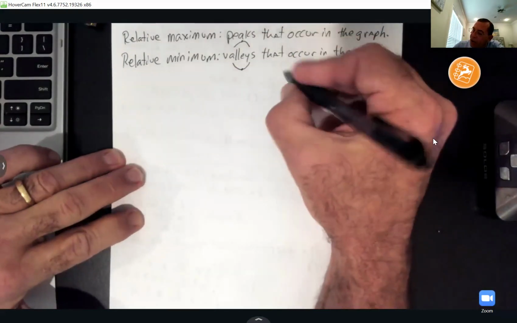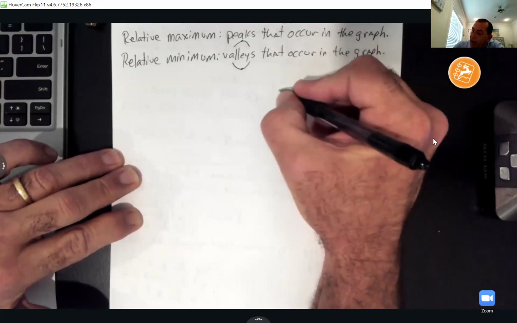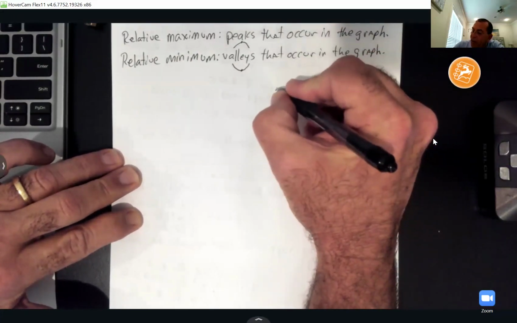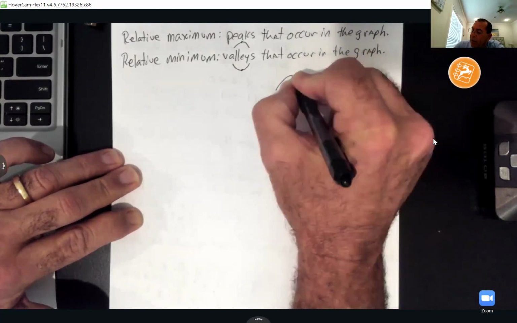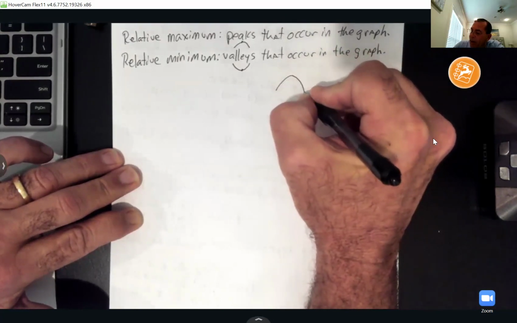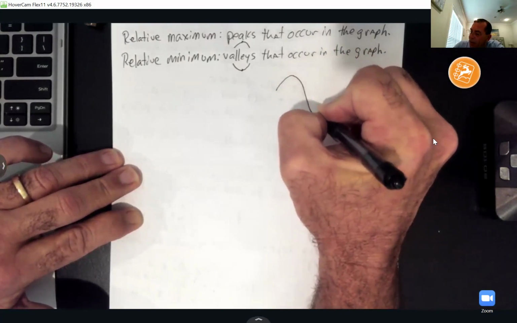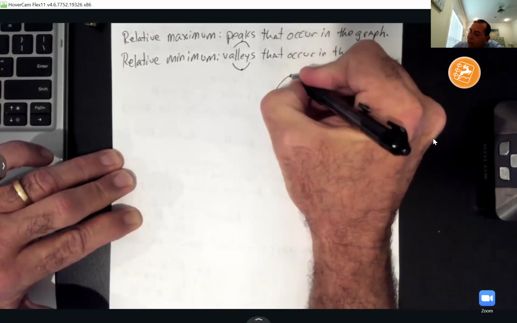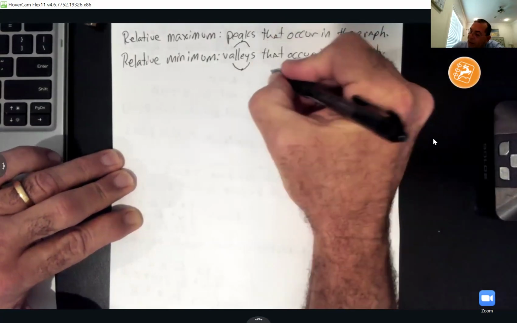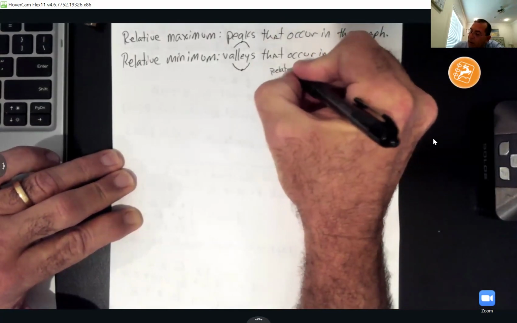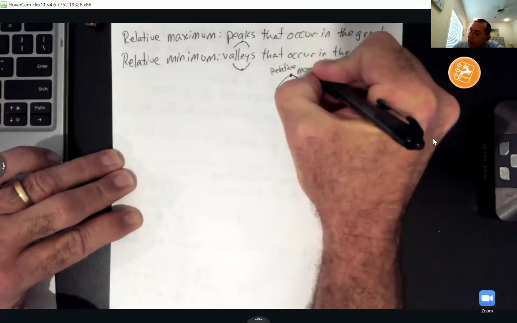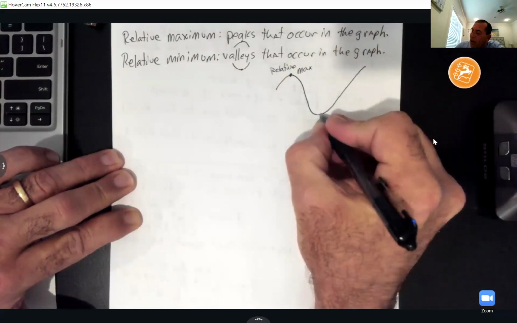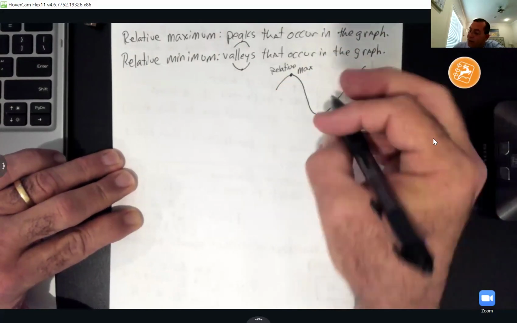So let me just show you an example here. If I had a graph that went uphill and then came downhill and say it went up again, this one would have a relative max right here. But right here, it would have a relative minimum.